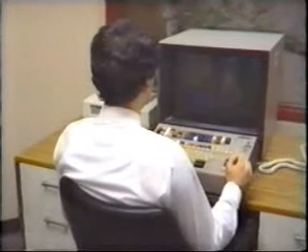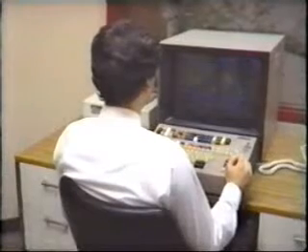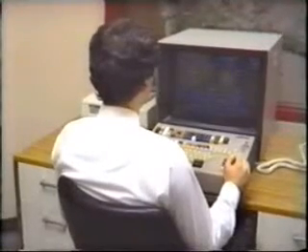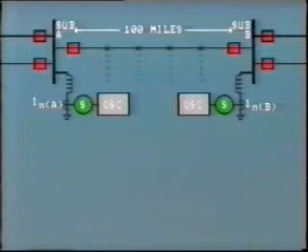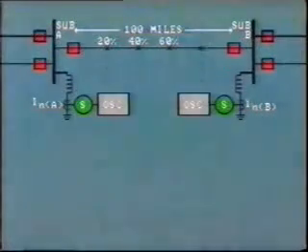We can prepare for our investigation by first running a series of simulations using a short-circuit computer program. First, we assume that a fault occurs at various points along the line, say 20 miles, 40 miles, 60 miles, and 80 miles.